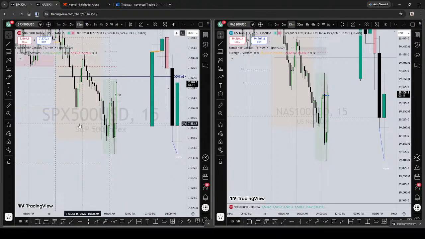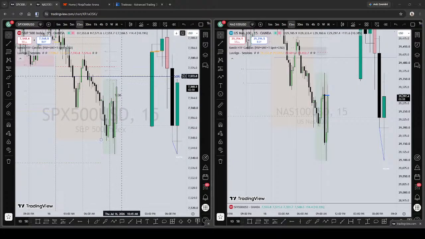All right, so looking for a second entry. What that would look like for me now would be a CISD at the key level is enough. A key level for me is 50% of London session. So a CISD there will be enough.